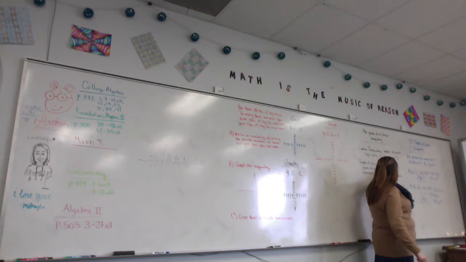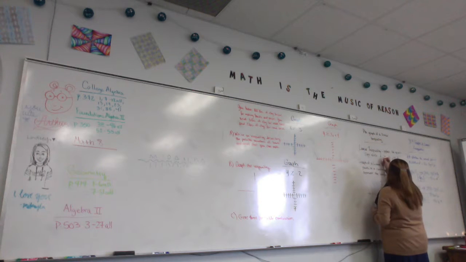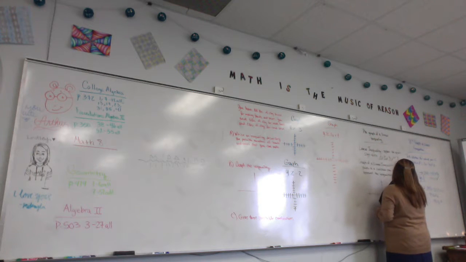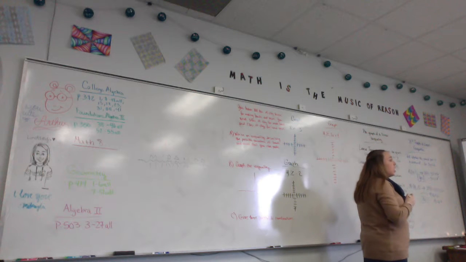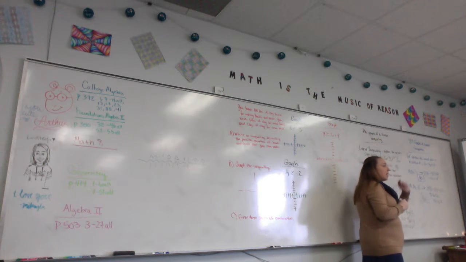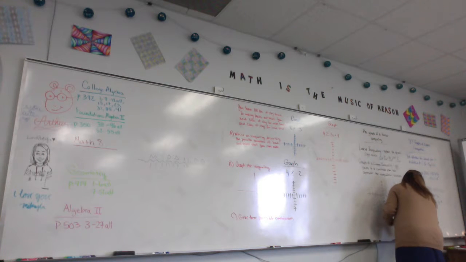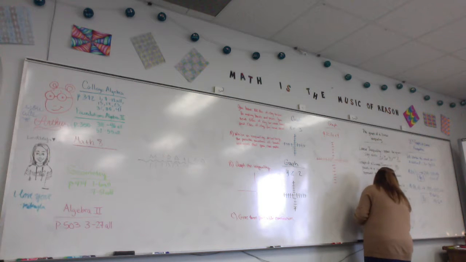If it says less than or equal to, or greater than or equal to, I have a solid line. Dash, dash, solid, solid. So when you're graphing these inequalities, you graph it like a linear function, and then you decide if it's dashed or solid. That's step 2. Step 1 is getting it into this form. Step 2 is graphing this line.